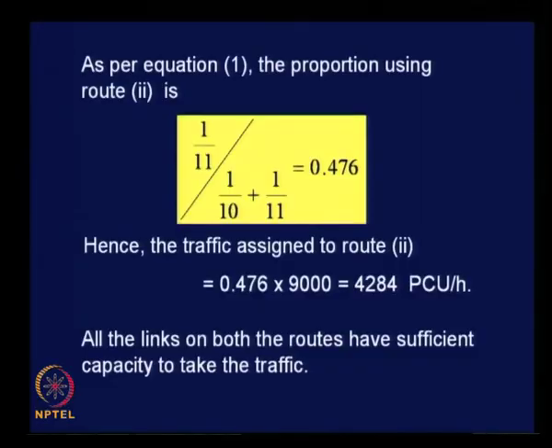Let us say assigned volume in this case as shown here is 4284, and if the capacity of one of the links is only 3500 PCU per hour, what do you do under such condition? It is obvious that you can assign only 3500 PCU per hour along that alternative route, and the balance has to be pushed to the other alternative route, provided the other alternative is able to take this additional traffic.